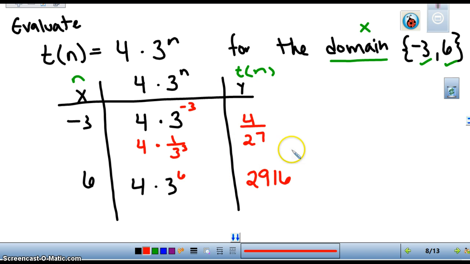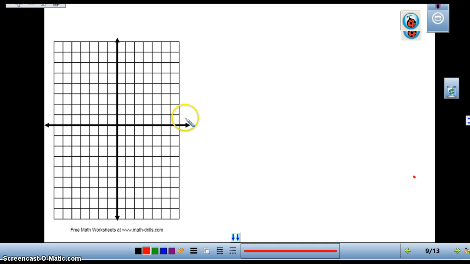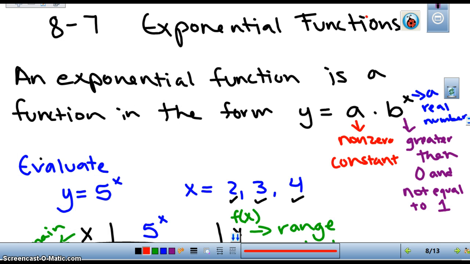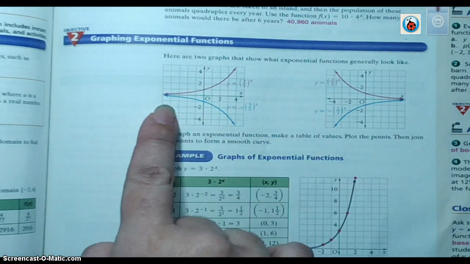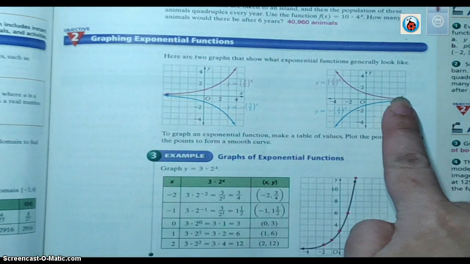Now could this be something we can graph? Yes, we can graph these, right? Let's try that. So you can see these are examples of exponential functions. Do you see what the curves look like?